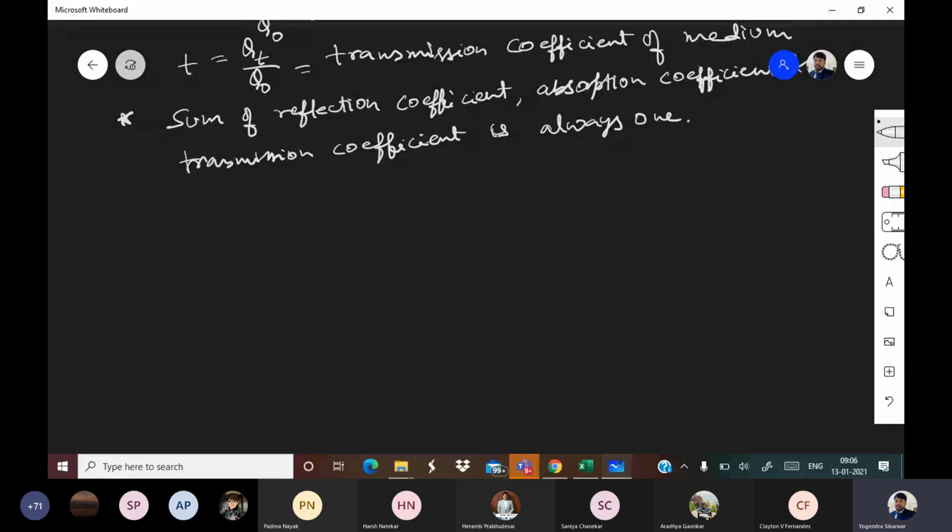Similarly, if heat is falling on some surface and it is allowing 100% of heat to pass through it, will it get heated? No, because it is allowing 100% of the heat to pass through. If only the surface or medium is absorbing some heat, then only the surface will get heated. So these coefficients play a very important role in how the surface is going to behave.